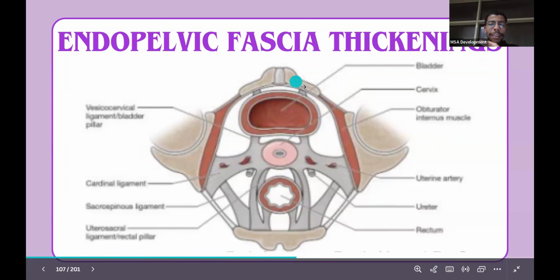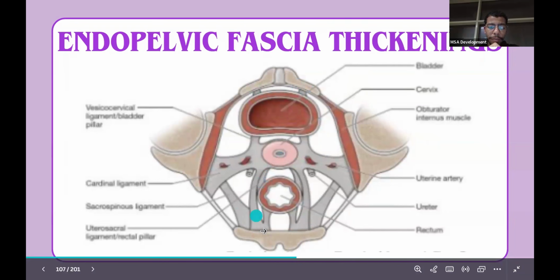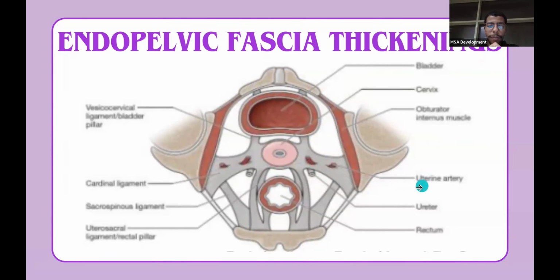The pubis is at the front. So we have the uterosacral ligament from the uterus to the sacrum. Then we have the cardinal ligament, which has our uterine artery. And then lastly, we have our pubocervical ligament. Yeah, pubocervical. Okay.